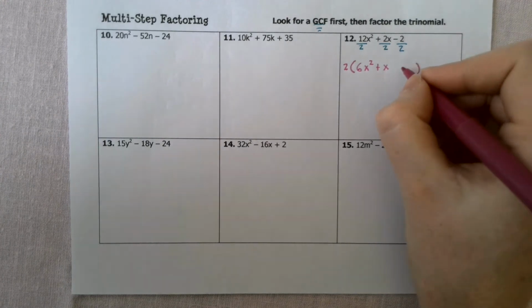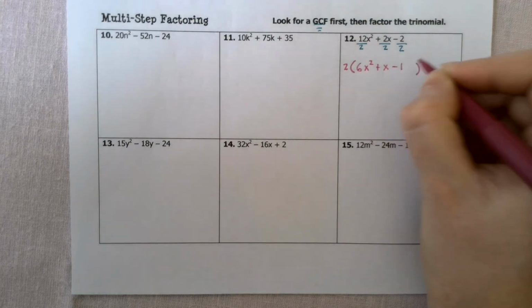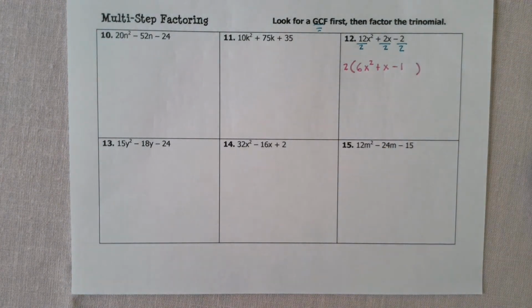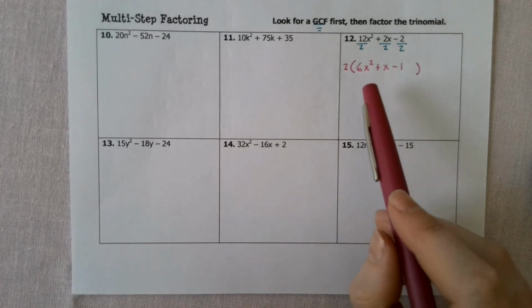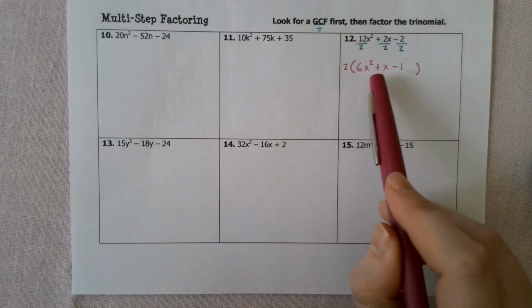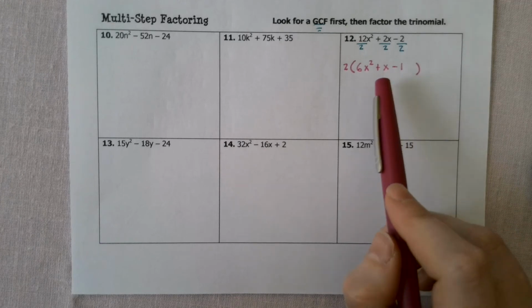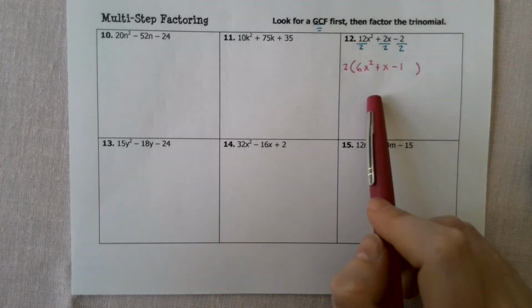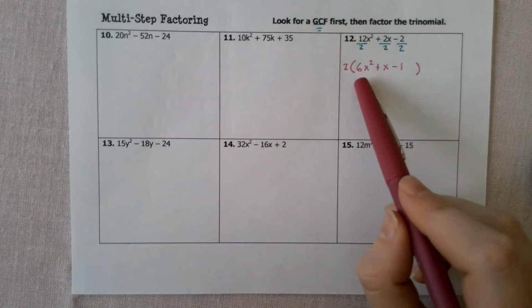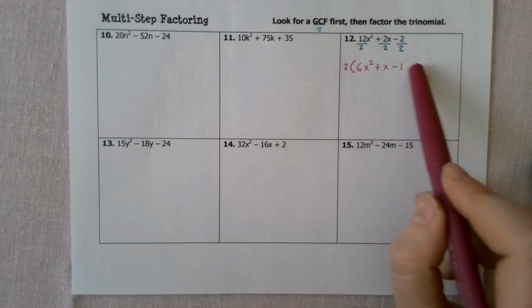Negative 2 divided by 2 will give us negative 1. And you know that you've done this correctly because there is not a greatest common factor here other than 1, which is not helpful. So once you get your greatest common factor to be 1, you're done.